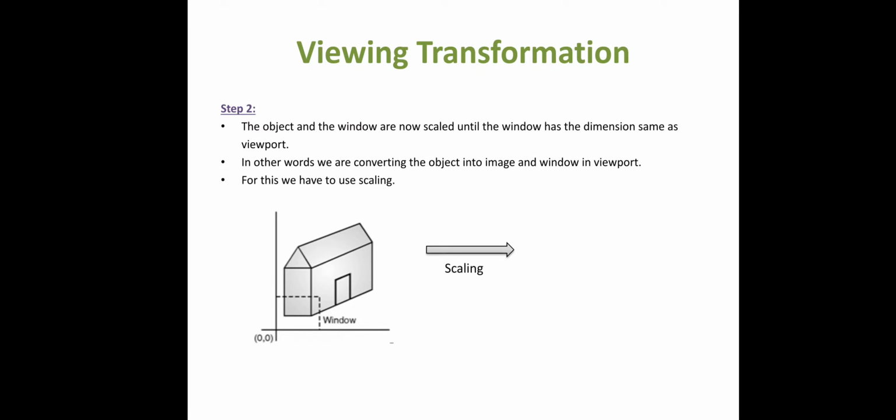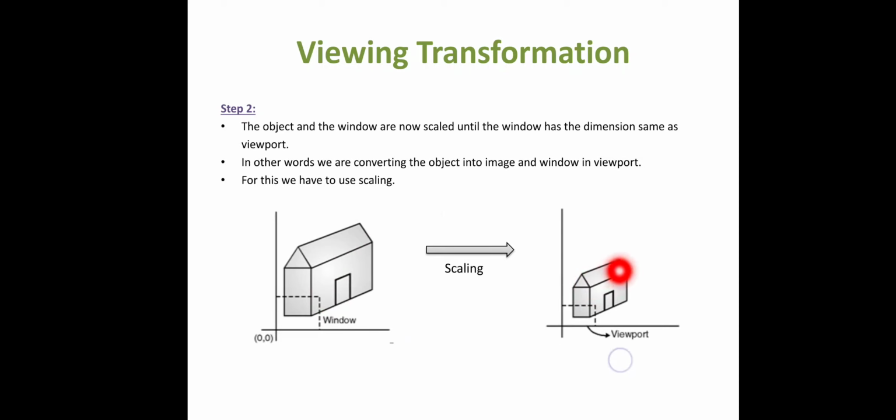For that we are using scaling, and scaling is nothing but changing the shape of the object. If it is given in some units, now we convert them into coordinates. So the coordinates are converted, and the object is converted into the image.